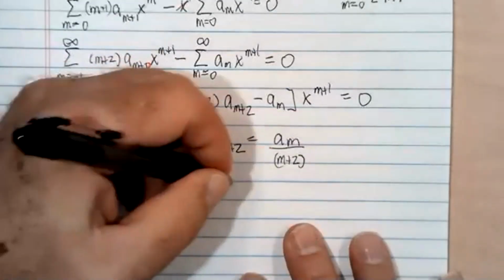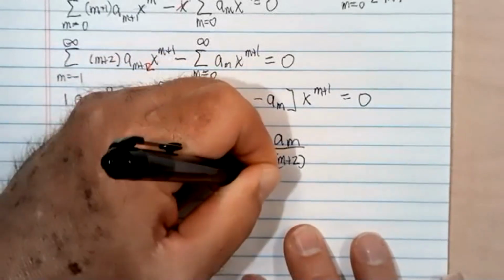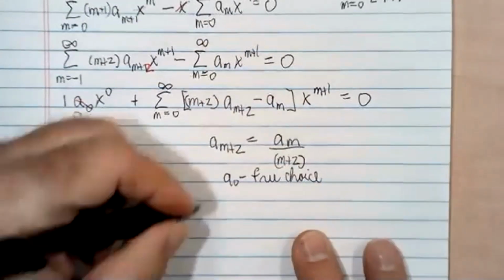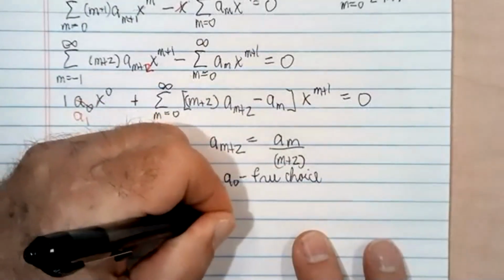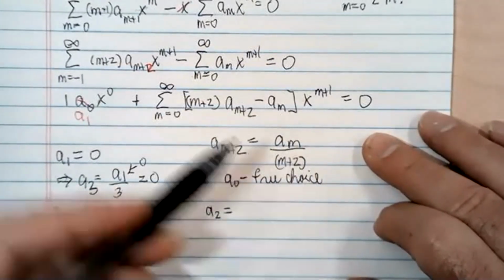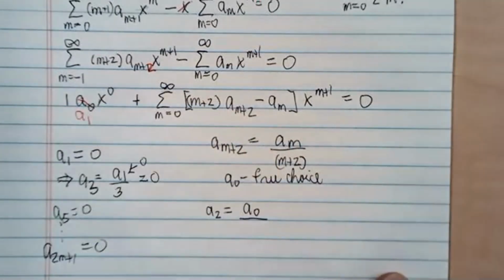Okay, so now a0 is free choice. a2 is equal to, apply the formula now, when m is equal to 0, a0 over 2.